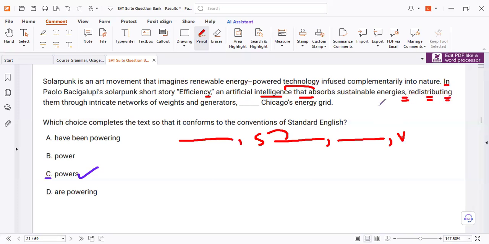No problem, delete them. As I told you, to find the subject and the verb quickly, delete all the phrases, delete all the relative clauses, delete the non-essential information. After deleting all of these, you will find that you need a verb. So your subject is artificial intelligence.